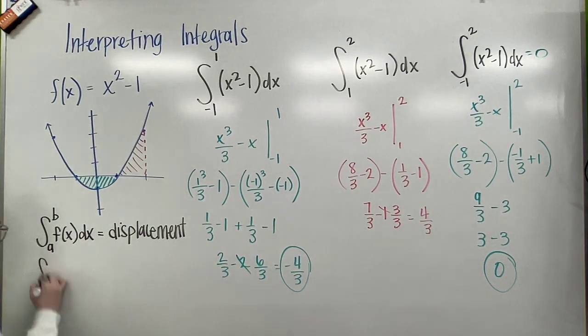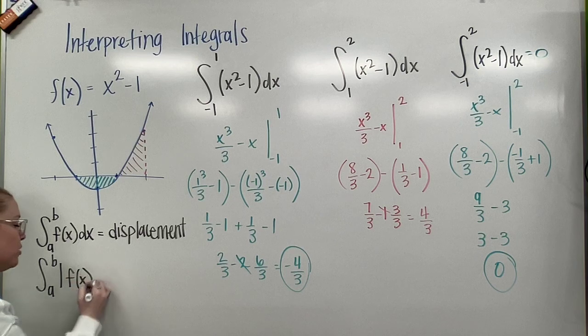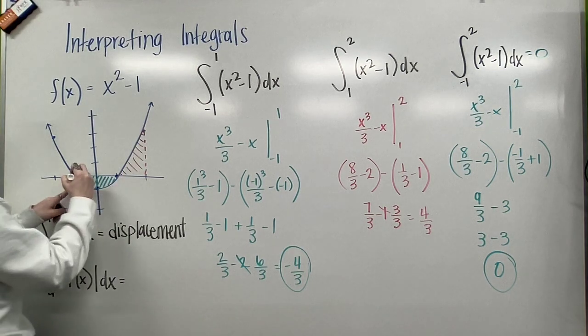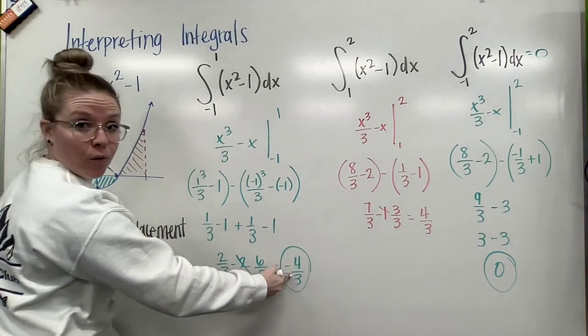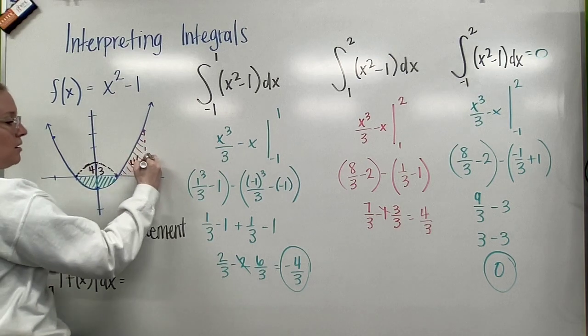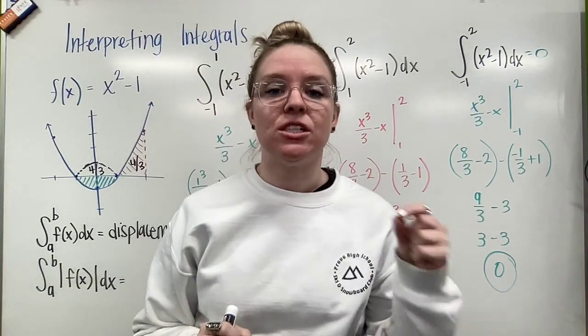If we look at only positive values, so I'm going to absolute value my function. So that would take this piece and actually make it look like this. Now my negative 4/3 is a positive 4/3. Now I'm looking at total distance traveled.